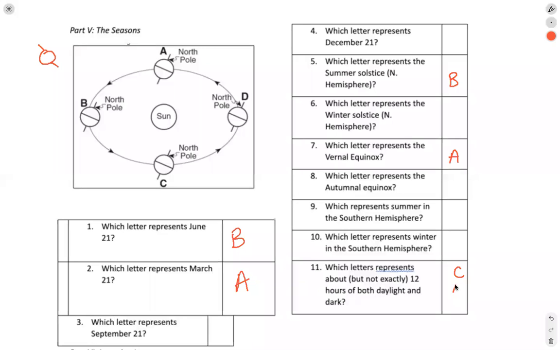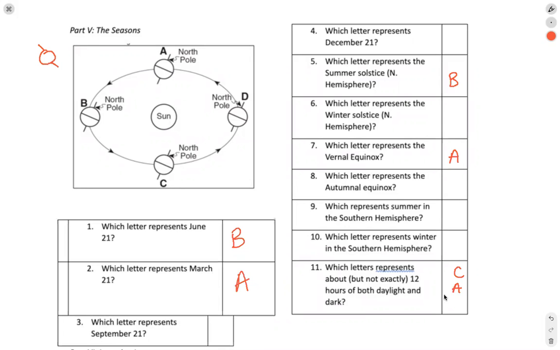A. C and A, right? Yes. Because remember, your summer and your winter solstices, that is when you're having 24 hours of daylight in certain parts, and 24 hours of night in certain parts. So it's not going to be your summer and winter. Your fall and spring is when you're going to have your equal hours.